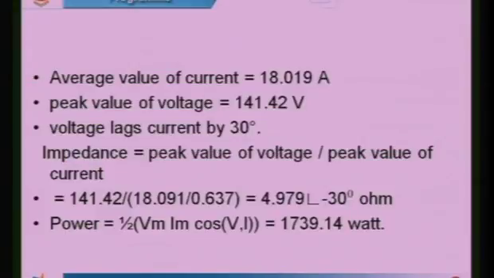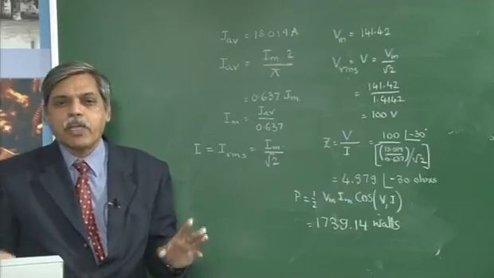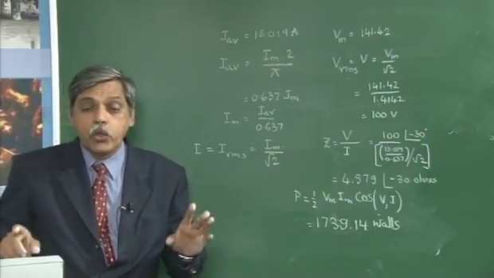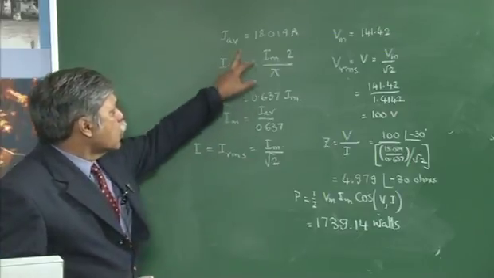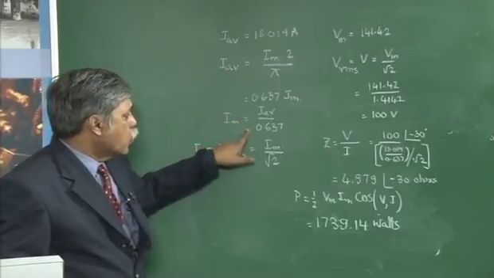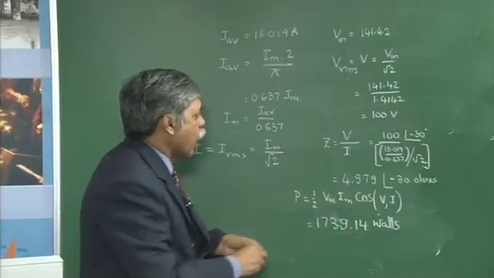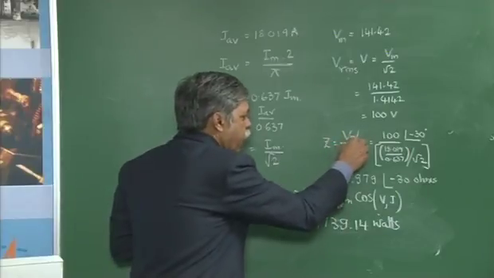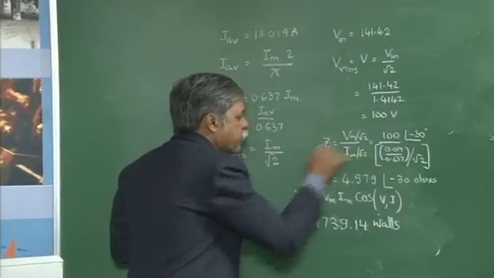So this is a simple solution. Now see, any problem given can be solved in many ways, okay. We always try to use the minimum number of steps in solving the problem, and we should do it in a correct way, okay. See here, I can also do this problem just by calculating the maximum value, okay. As I told you, when V is the RMS value, if I take the maximum value and divide by root 2, I maximum divided by root 2, okay.